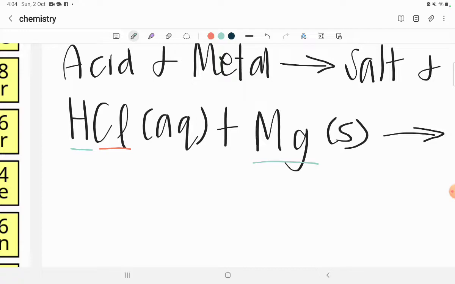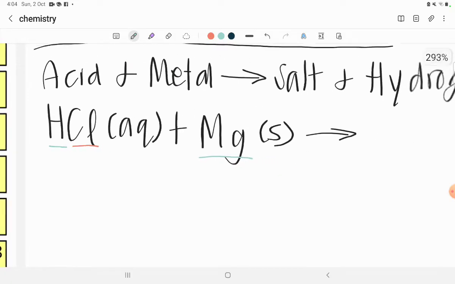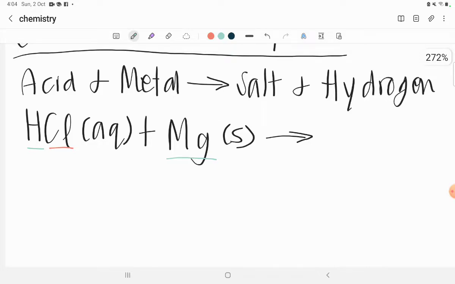Same thing for magnesium. Before the reaction, magnesium is alone, but after the reaction, do you think magnesium would have found a partner? Obviously, if everything stays the same, with hydrogen and chlorine still together and magnesium alone, there would be nothing special about this reaction. I would say it wouldn't even be a reaction.